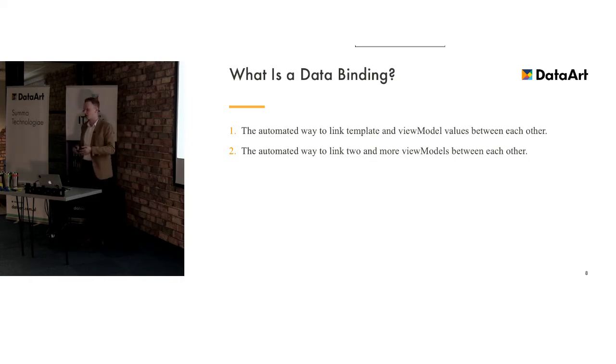So I repeat, we are updating some value from the view model. You can call it a controller if you want. And also it might be a link between two view models. For example, you have a template with an input there, and you have another view model, and you want to update the value between this input and a value in another model.